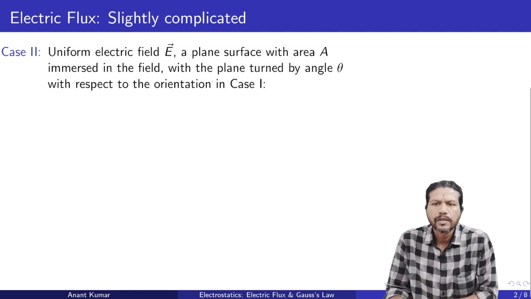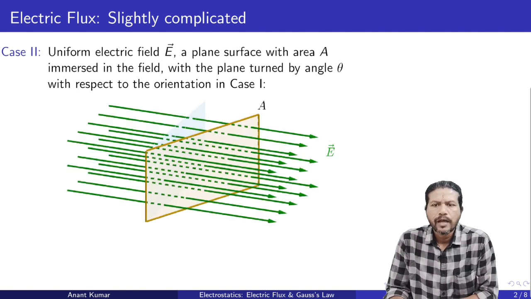So for example, we may consider the area in the previous situation as being turned by an angle theta, and we have a situation like this. This particular angle over here is the angle by which the plane area has been turned with respect to its original orientation that we saw in the first case.